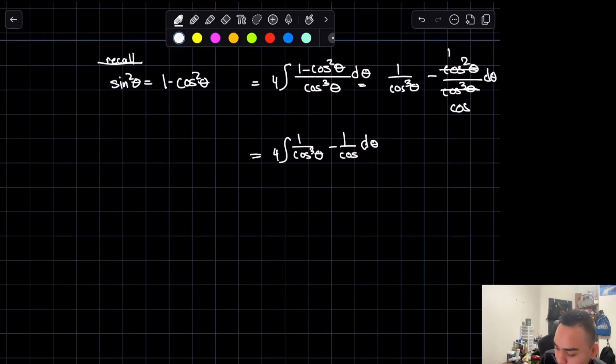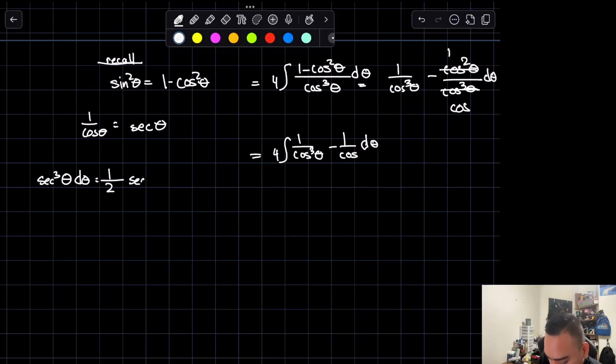From here, we can use our properties. So secant theta, the reason why is because 1 over cosine is just secant theta. So secant cubed, because this is cubed right here, is equal to 1/2 secant tan plus 1/2 ln secant theta plus tan theta plus c.